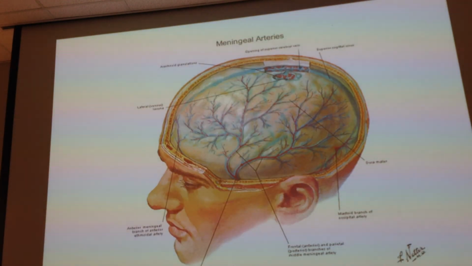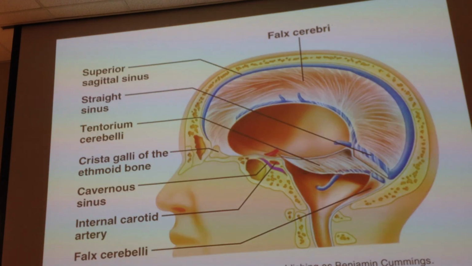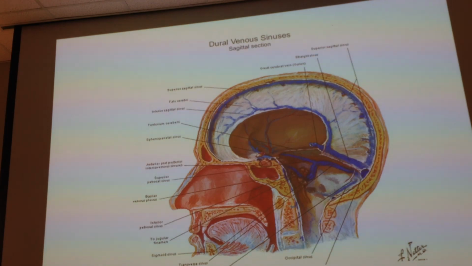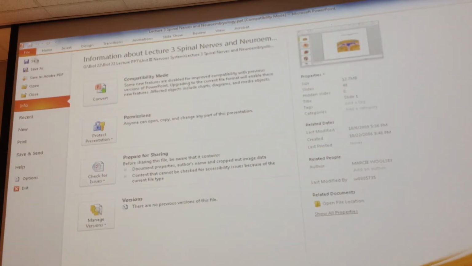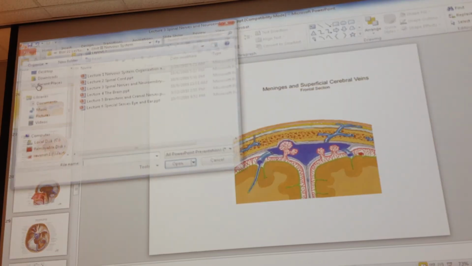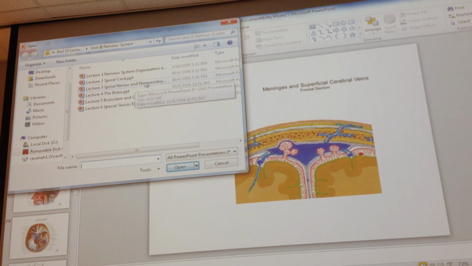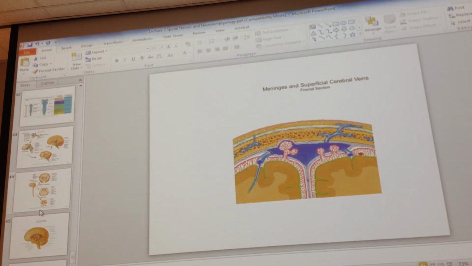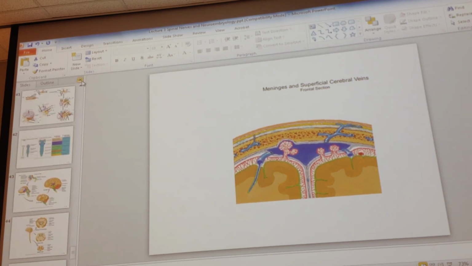Okay. Now I want to go to the neuroembryology part here, and we'll come back to this in a moment. So before I talk about the sinuses, I want to talk about the ventricles. So I have this slide open here.